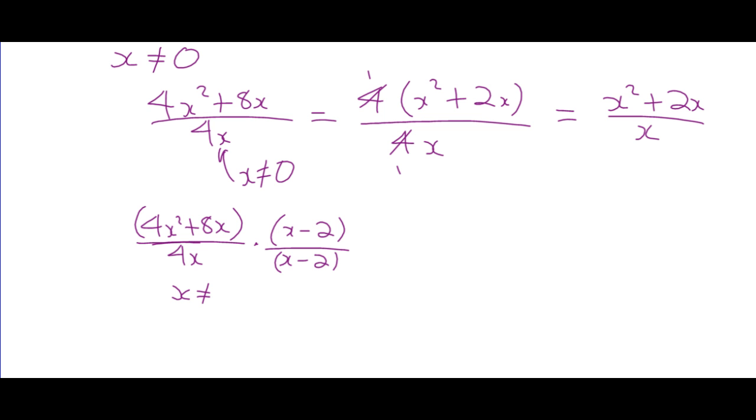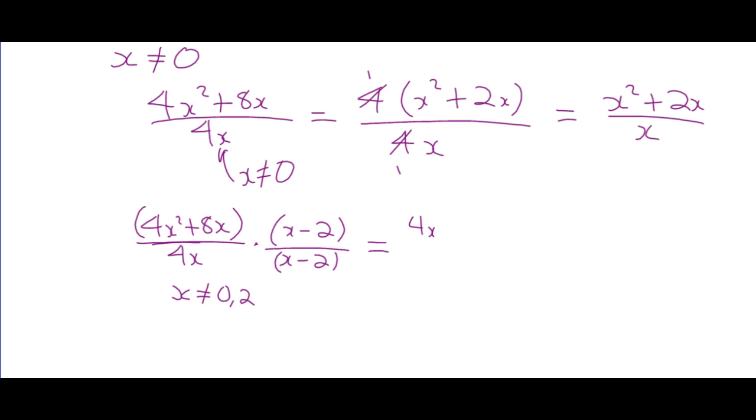What value of x makes x minus 2 equal to 0? X is 2. That becomes the restriction. So it can't be 0 and it can't be 2. Whenever we start off, we need to list all the restrictions. As long as it's not 0 or 2, these will be equivalent rational expressions. So we can FOIL this out.